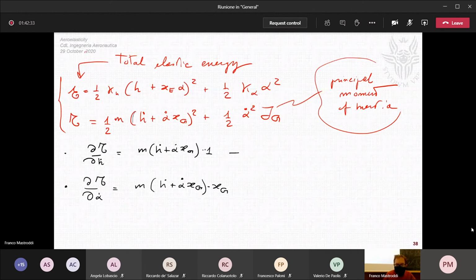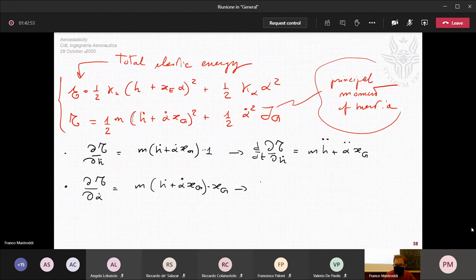Take the time derivative of this, and we have m h dot dot plus alpha dot dot xg.